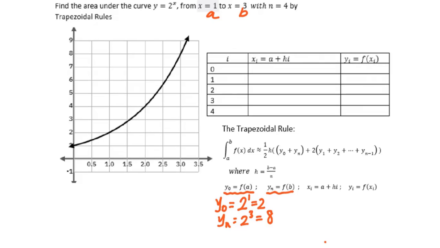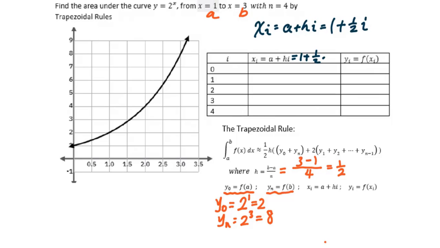Then for this h, you will work out that's 3 minus 1 over 4 equals 1 over 2. The xi will be a plus h i, so 1 plus 1/2 i. Write down 1 plus 1/2 i.